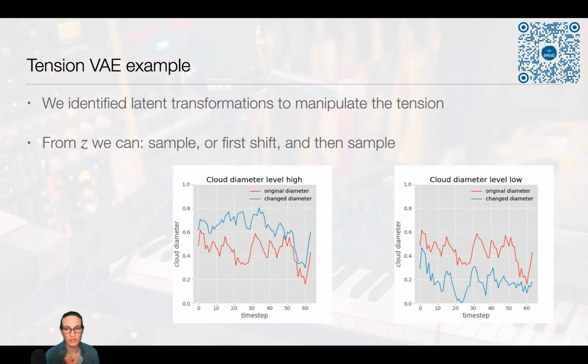Or we can decrease the tension in the piece. So the cool thing is that using this, we can create variations on the seed and put them all together in a larger song.